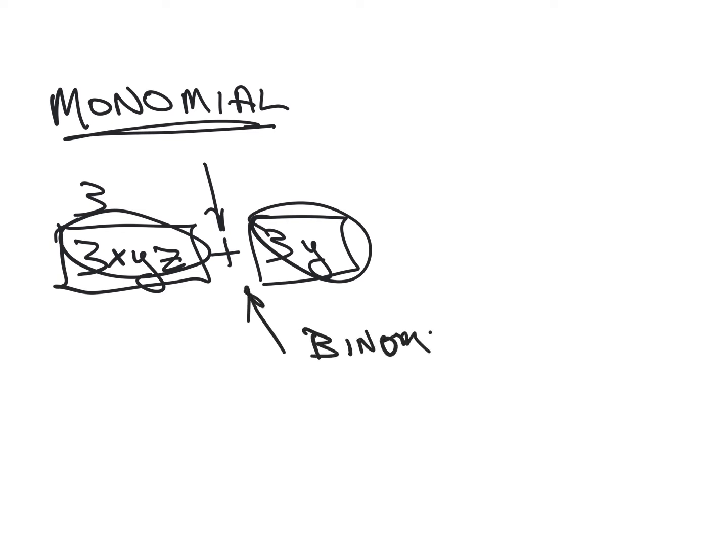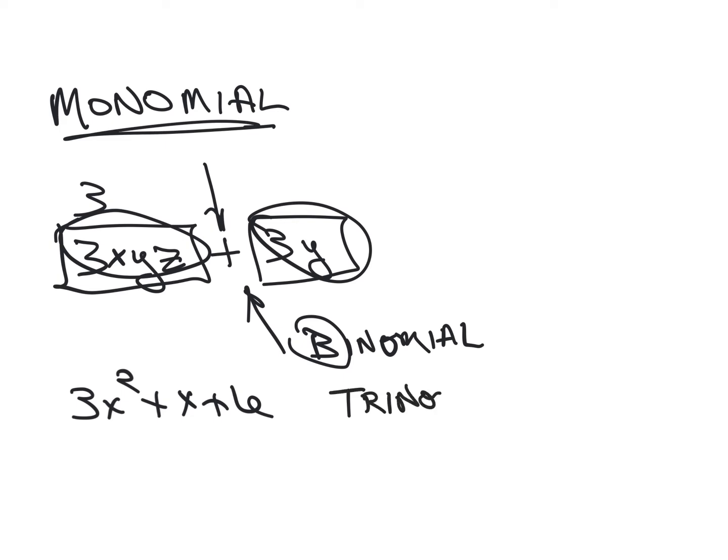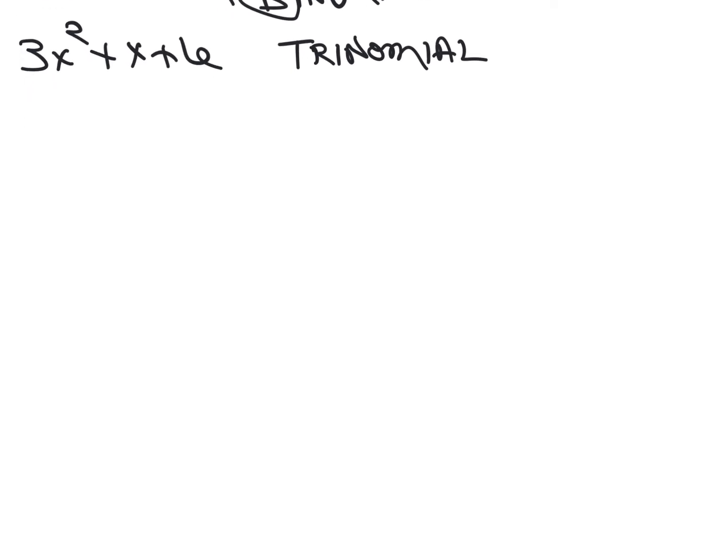It comes from the phrase bi, like bicycle, meaning two. And if we have three terms, it's called a trinomial. So those of you that have had a little bit of math know these terms already. So probably not too difficult for you to remember.